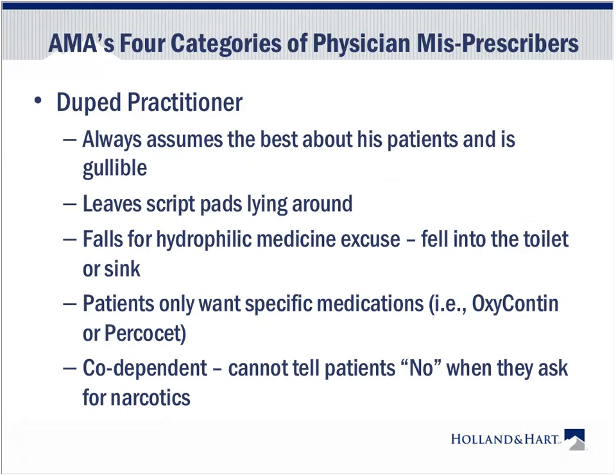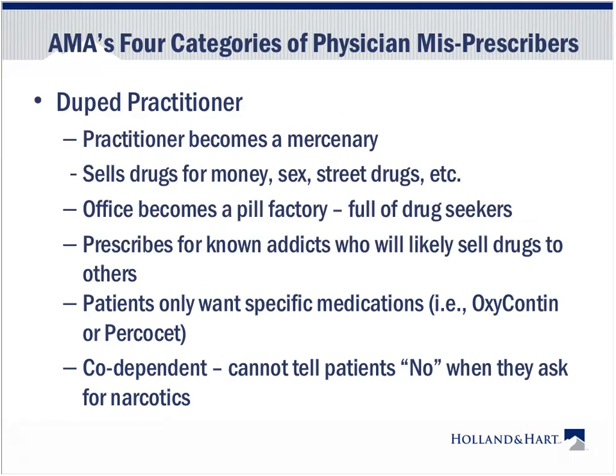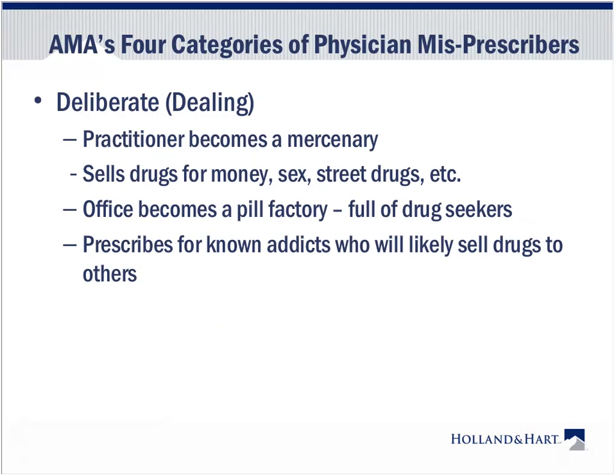The third category is deliberate, or the prescriber who is actually becoming a mercenary, who's selling the drugs for money, sex, street drugs, etc. The office becomes a pill factory and prescribes for known addicts who will likely sell the drugs to others. So very much deliberate, but not using the drugs himself, but for other people.